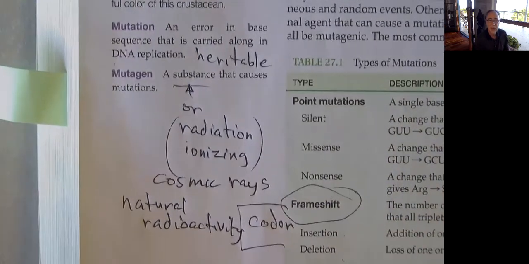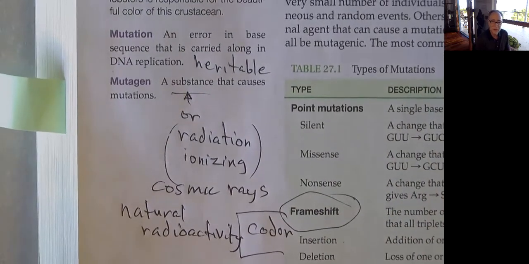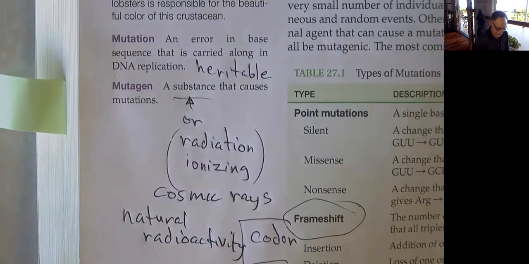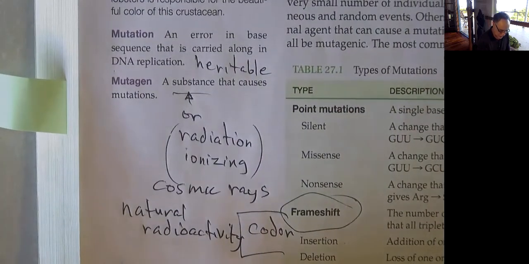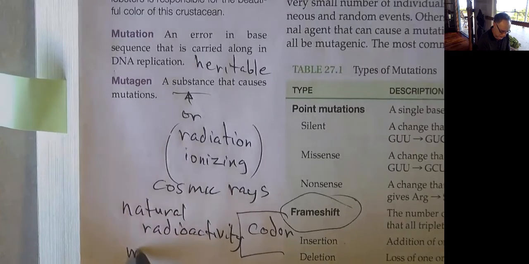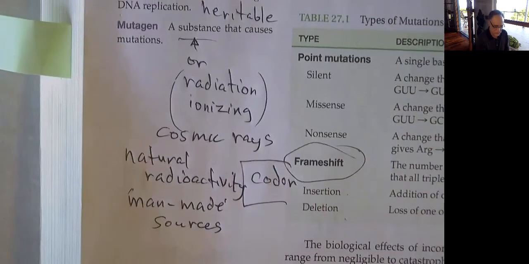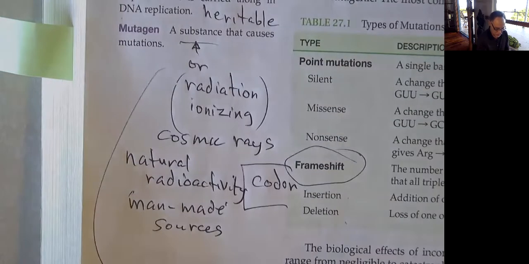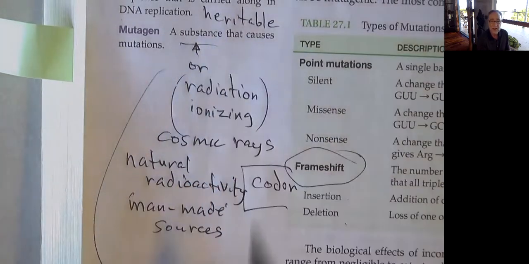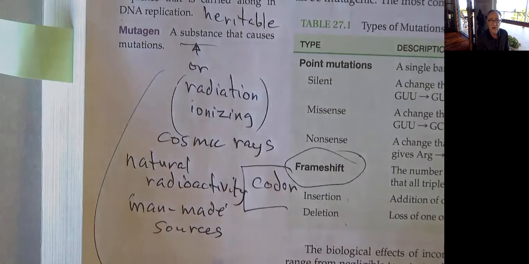If you eat bananas, you're getting some potassium-40 in there, and that's naturally radioactive, and it's banging away at your body. And then there are so-called man-made sources of radioactivity. So besides just substances, which would be chemicals, there can be all kinds of radiation.